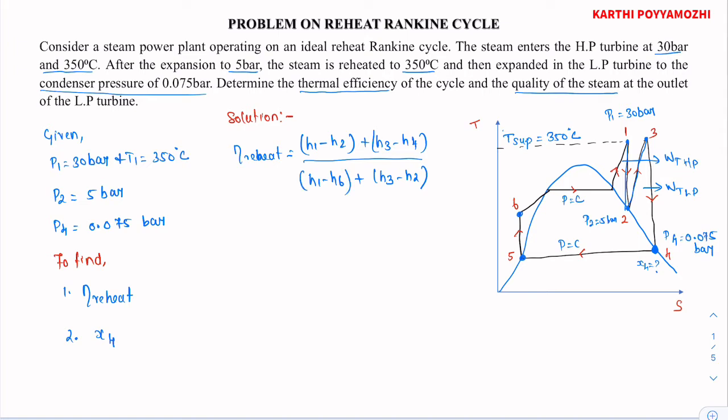Okay. In this equation, we have to find all the values of the enthalpy at all the state points. That is, the values of H1, H2, H3, H4 and H6 are all unknown. We have to find all these values in order to calculate the efficiency of the reheat Rankine cycle.